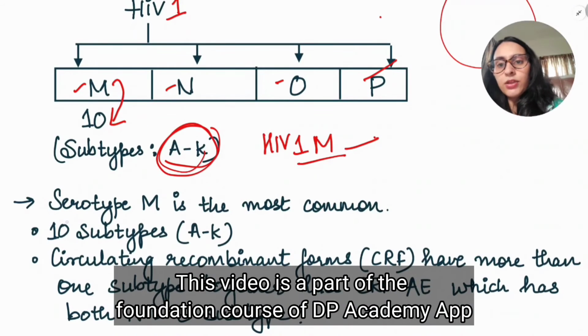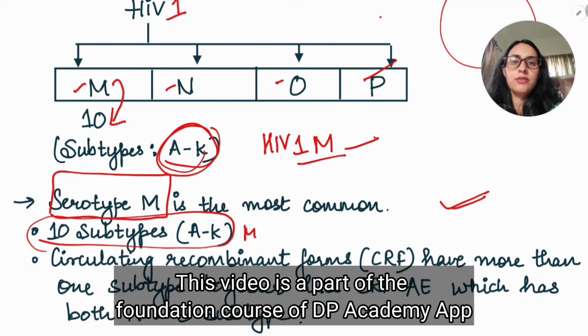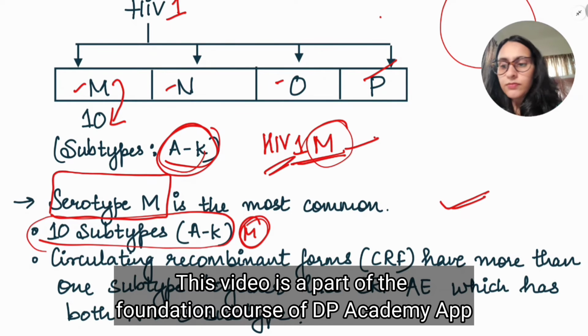The most common is group M. Remember, from these 10 subtypes, M is the most common.